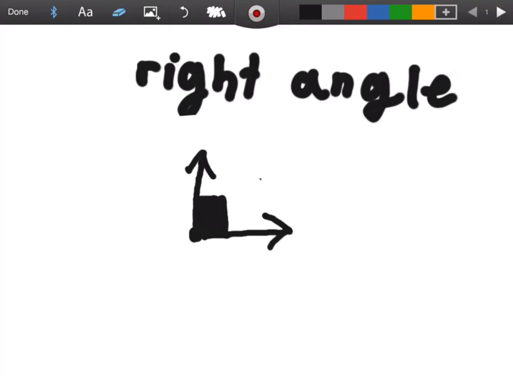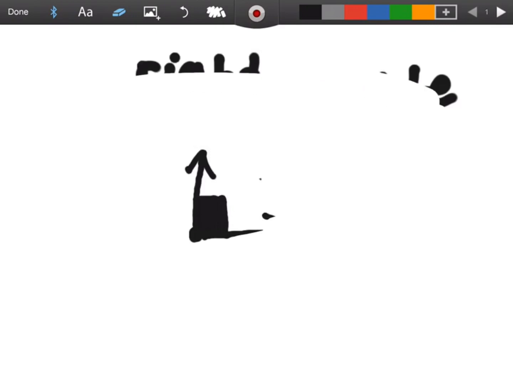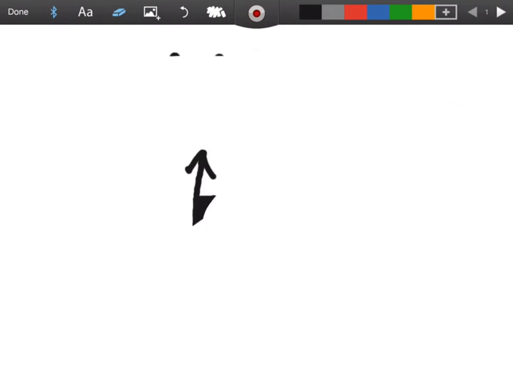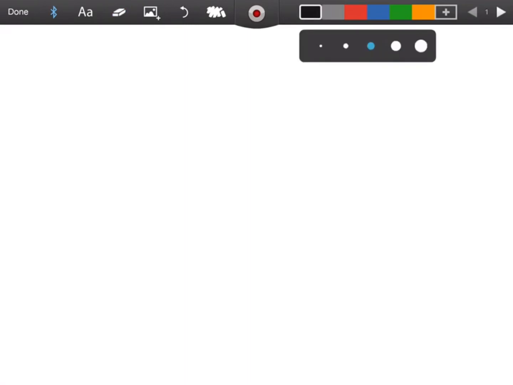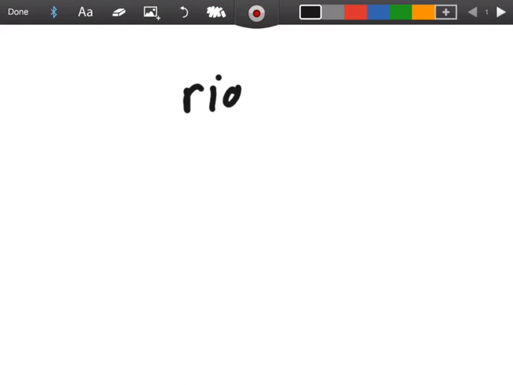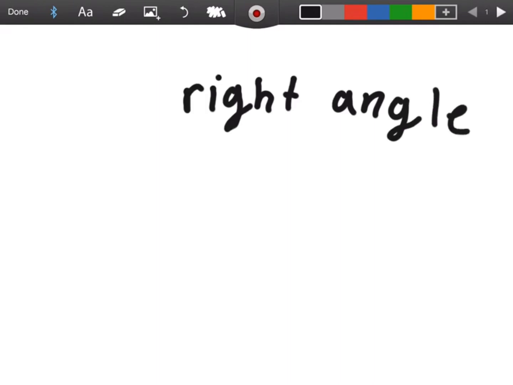A right angle is always equivalent to this.